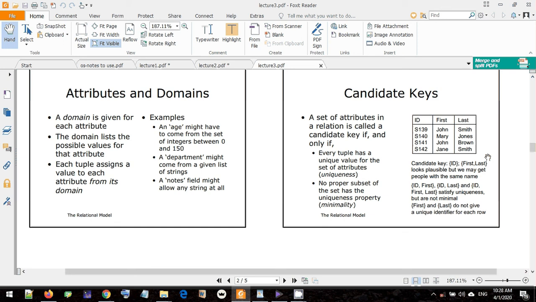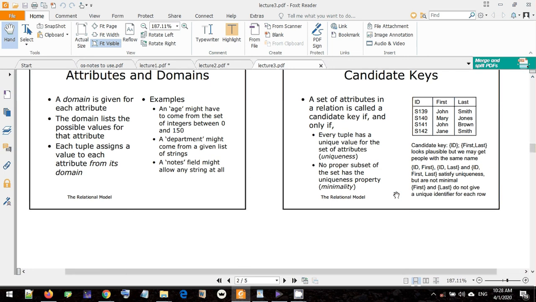We will have the id and the first name, id and the last name, yes. Id, first and last name, they all satisfy the uniqueness property, but they are not minimal. First and last do not give a unique identifier for each of the rows, so it cannot work.